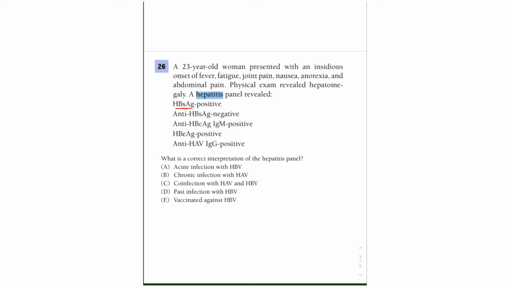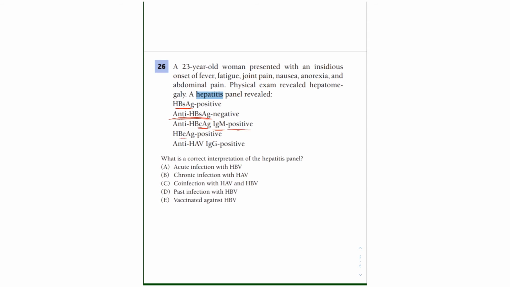Now, the surface antibody is negative, so the patient's body has not yet started responding to the virus, so they have not yet started making the antibodies. However, the core antibodies IgM are positive.